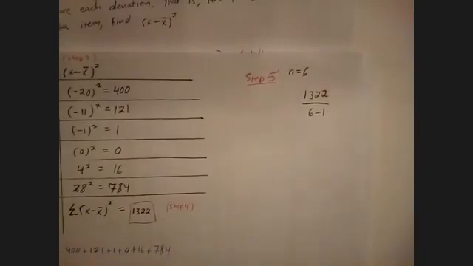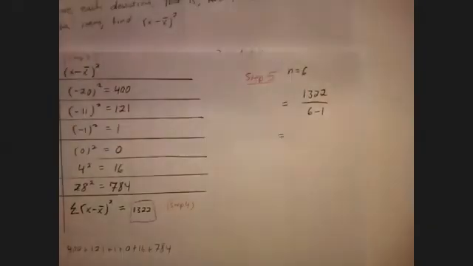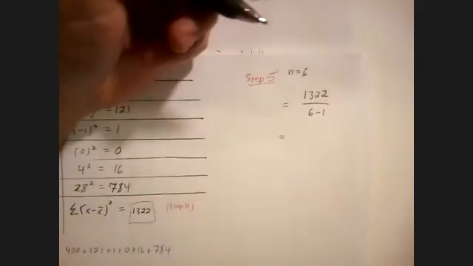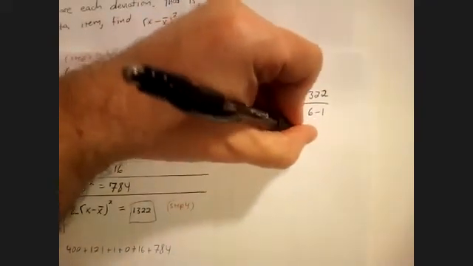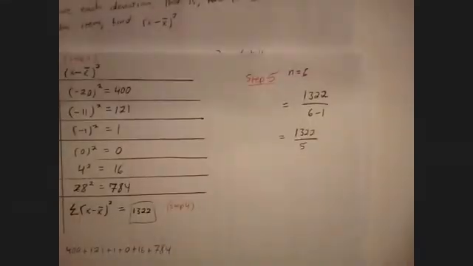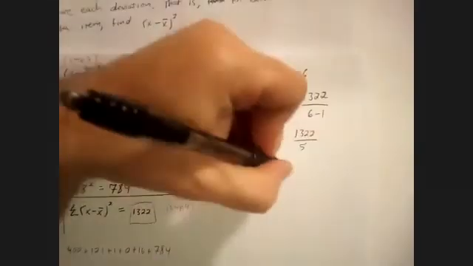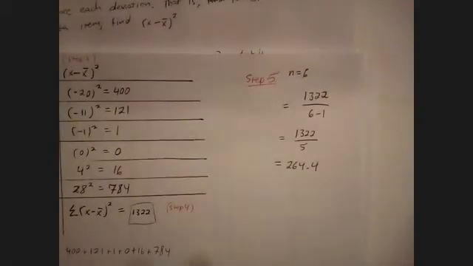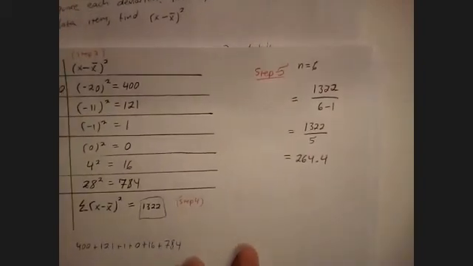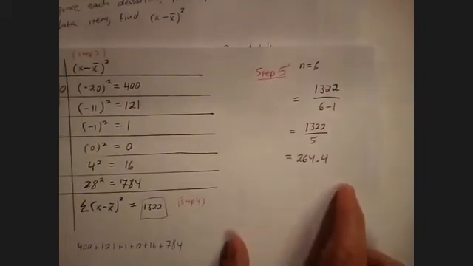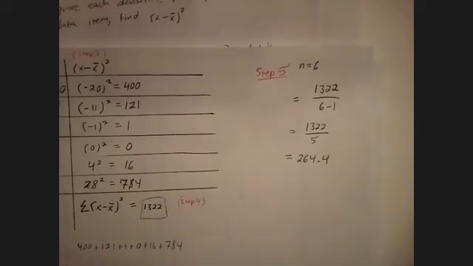Well, look, you know 6 minus 1 is 5, so don't type 1322 divided by 6 minus 1. Just do 1322 divided by 5. Okay? So I'm going to do that divided by 5, and I get a decimal, 264.4. In this case, I get that number exactly. Okay?